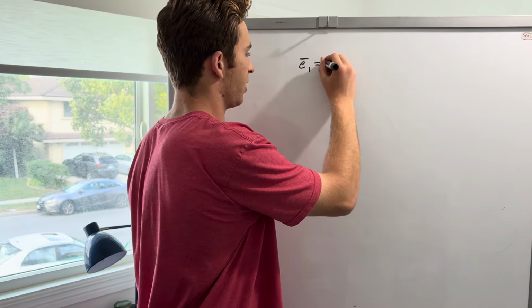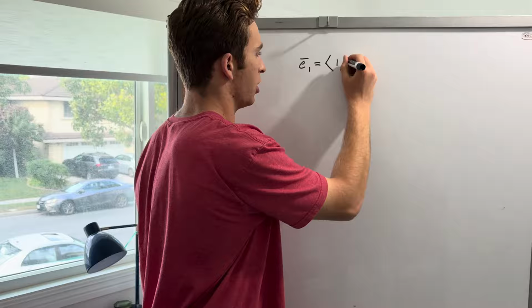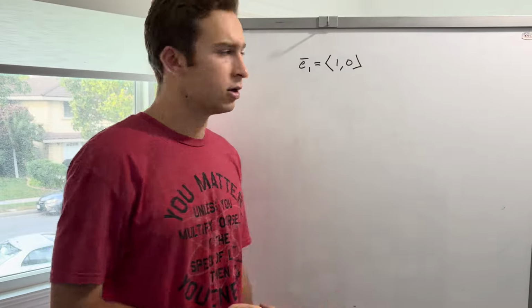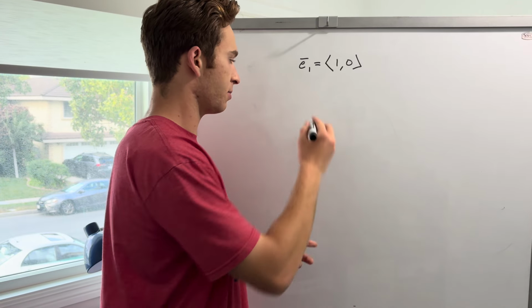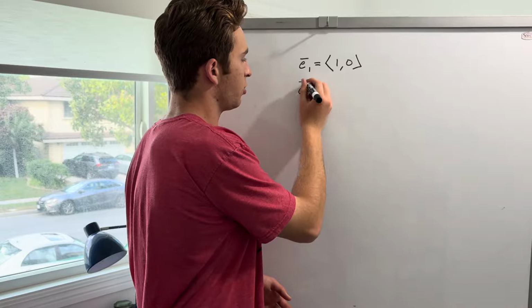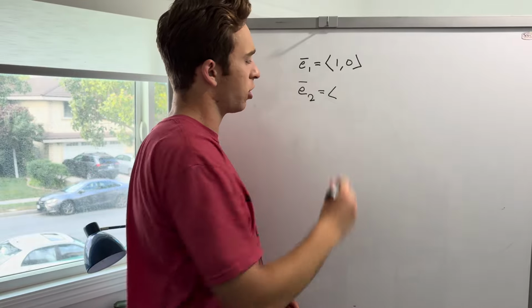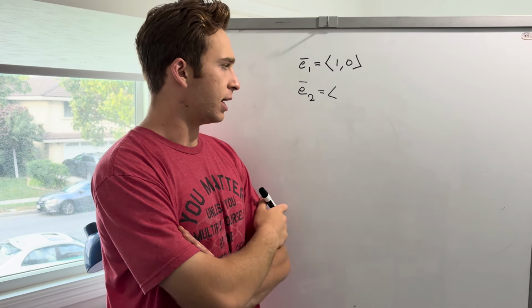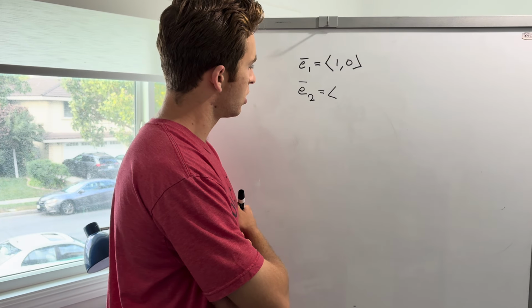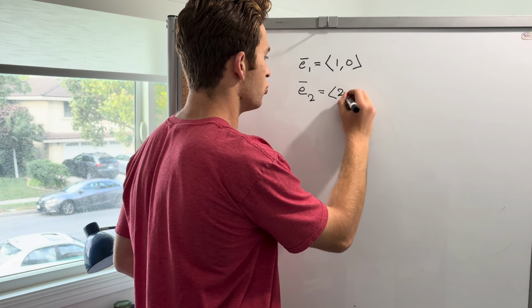I'm going to say that vector is equal to 1, 0, so it's going to be the same as E1. But I'm going to do a new second basis vector. I'm going to call it E bar 2. And let's make it 2, 1.